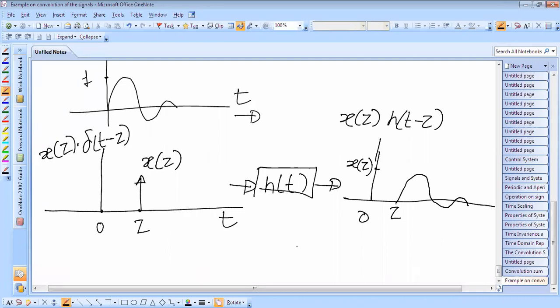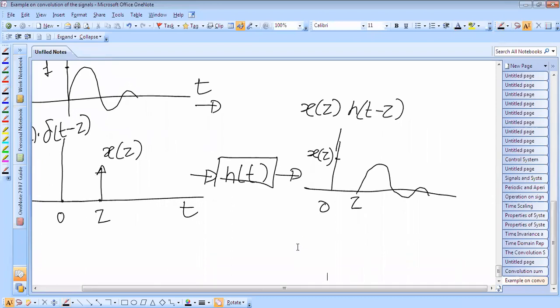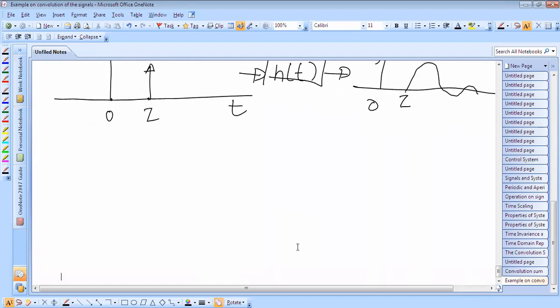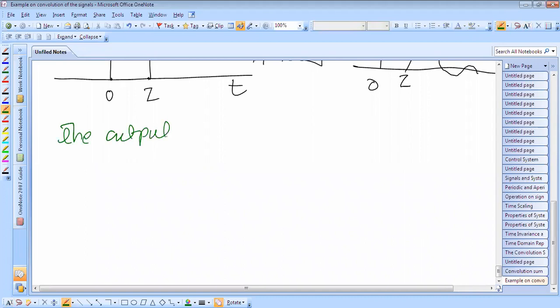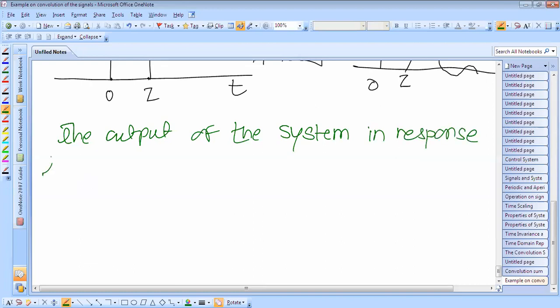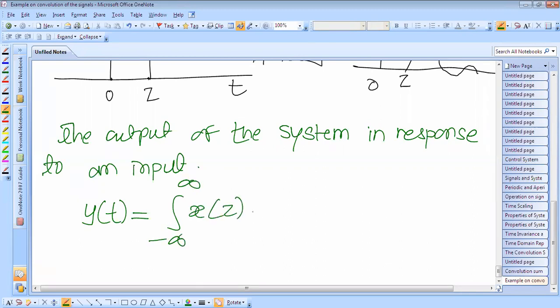Okay. So the output of the system in response to an input, y of t is equal to the integral from minus infinity to infinity of x of tau into h of t minus tau into d tau.